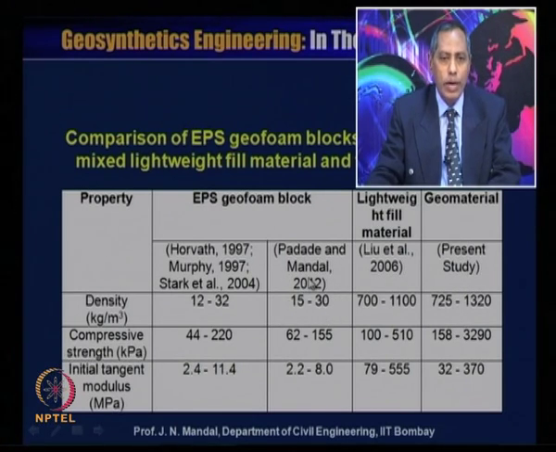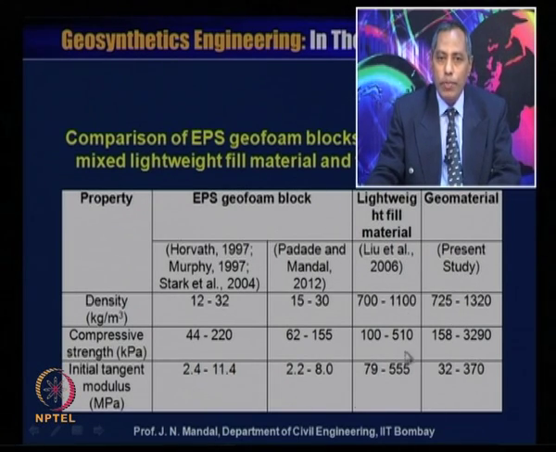They performed all the tests, and the compressive strength in the case of these authors comes to about 44 to 220 kilopascal, and here Mandel got 62 to 155 kilopascal. Initial tangent modulus for these authors comes to 2.4 to 11.4 megapascal, and for Mandel, 2.2 to 8.0 megapascal.